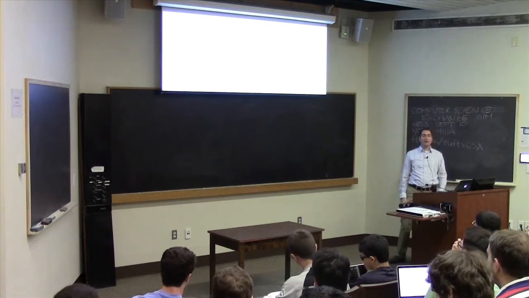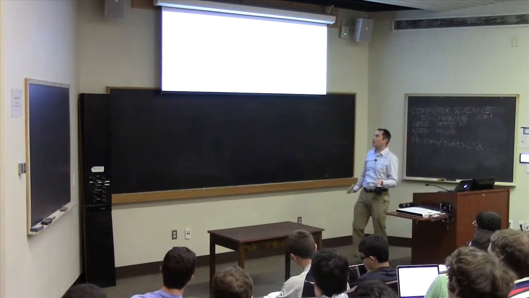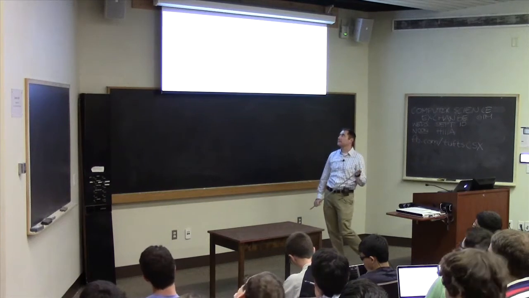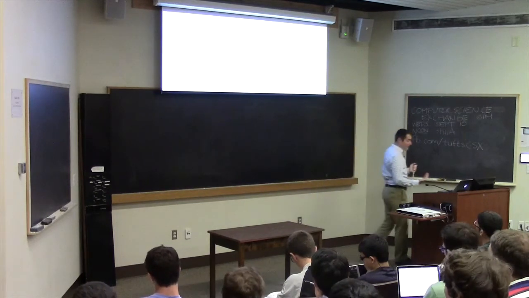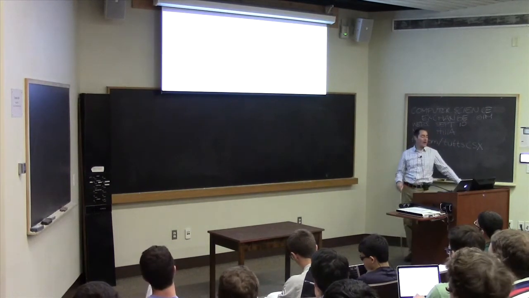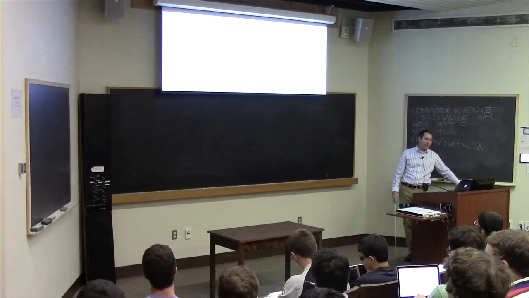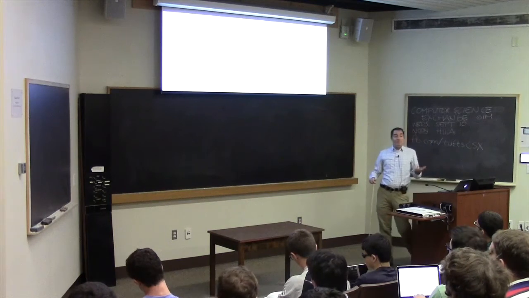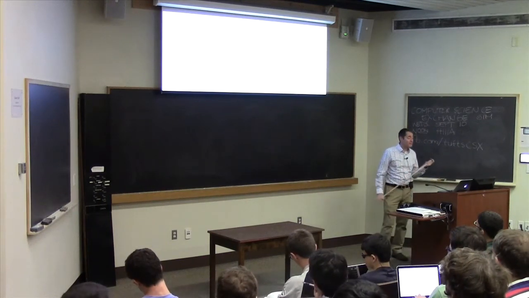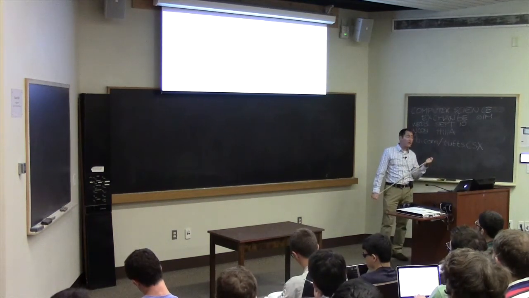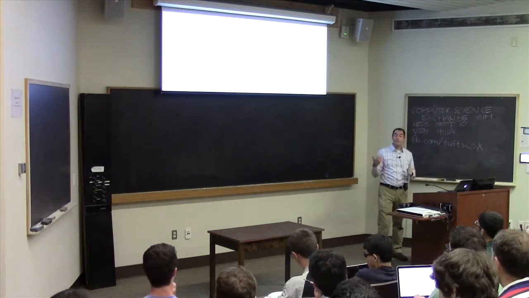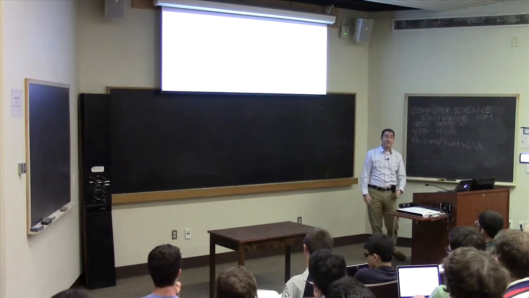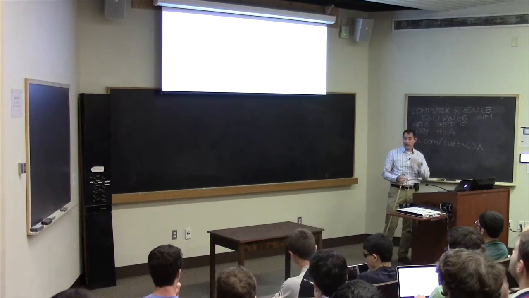Finally, we're going to get to what this class is actually called, right? What is a data structure? All right. Wikipedia says a data structure is a particular way of organizing data in a computer so that it can be used efficiently. Now, I mentioned on day one that our class is going to be based on making things efficient so you don't have to wait a million years for your program to end.